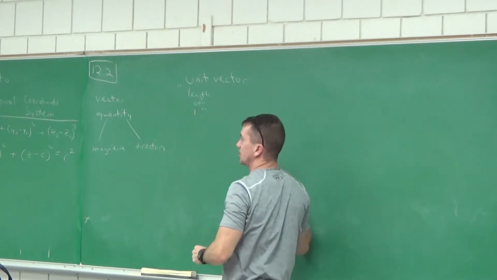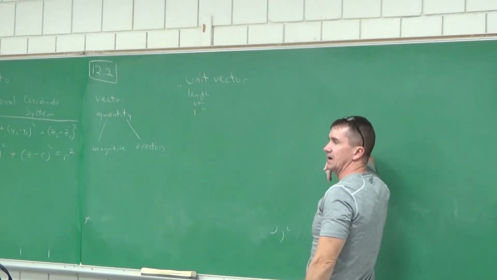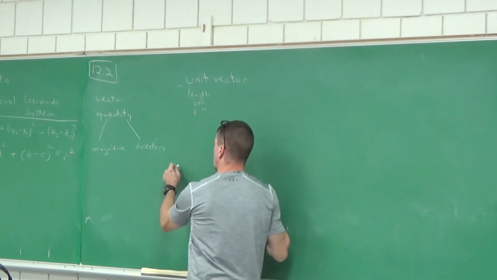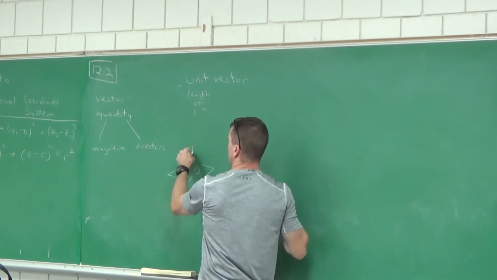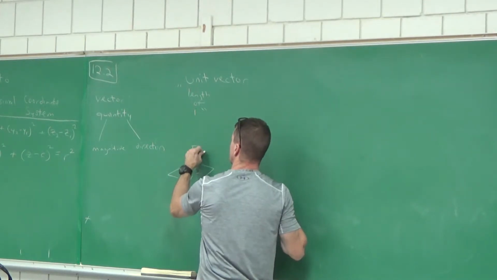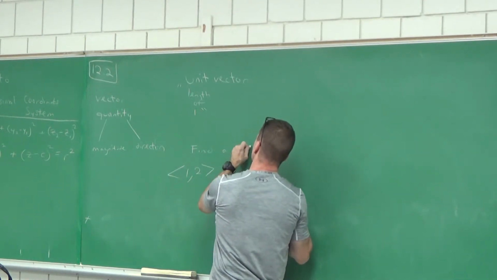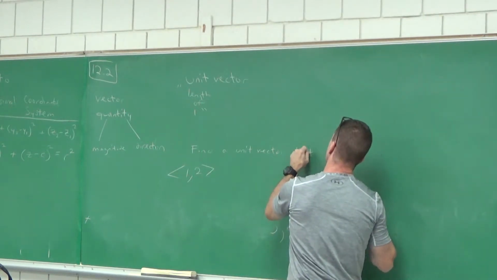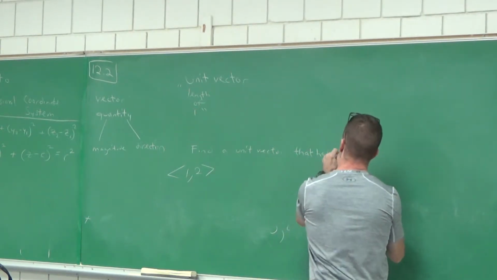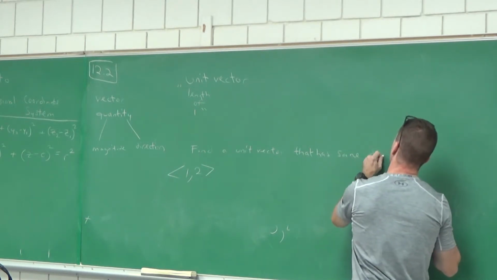So we need to create a formula for our class to find unit vectors. I'll use the vector I had before. Here's my question: can you find a unit vector that has the same direction as 1, 2?